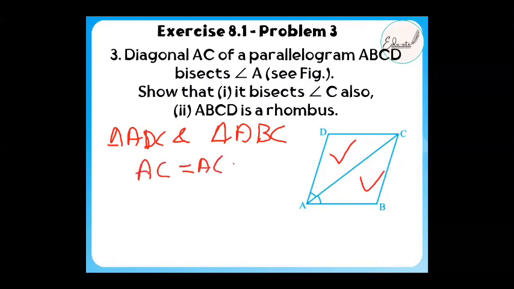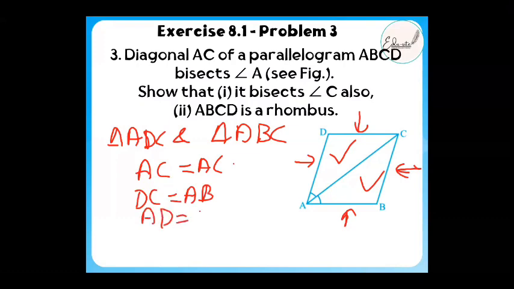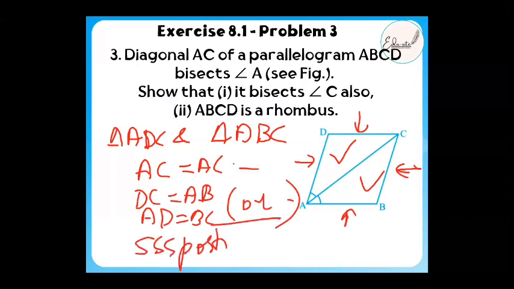What's next? Isn't this a parallelogram? What is true in a parallelogram? Opposite sides are equal. Yes. DC is equal to AB and AD is equal to BC. These are the opposite sides of a parallelogram. So using the SSS postulate, we have proven that these two triangles are congruent.